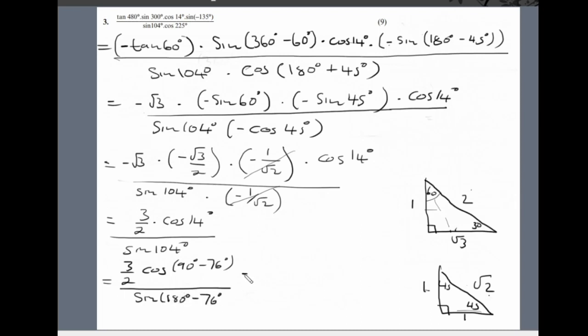Okay, so this will be equal to 3 over 2 times cos (90 minus 76), a cofunction of sine, so this will be the same as saying sine 76, right? And then sine (180 minus 76) will be the same as saying sine 76. So these two will cancel, we remain with 3 over 2, and then you get your 9 marks, right?